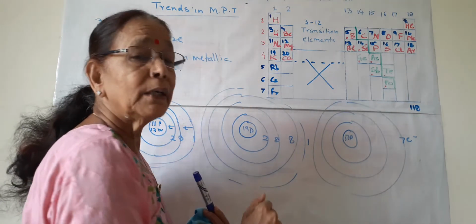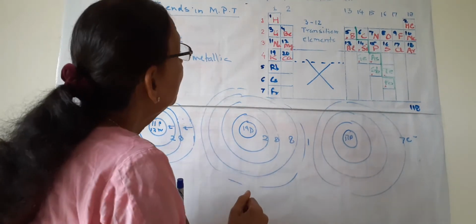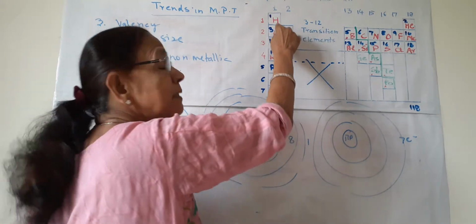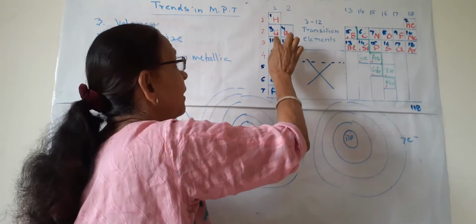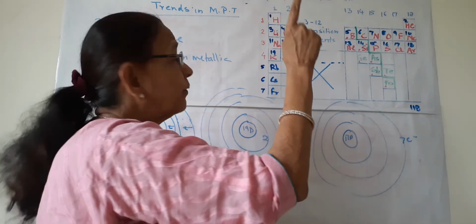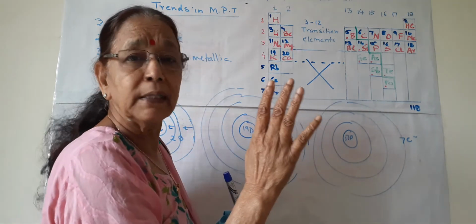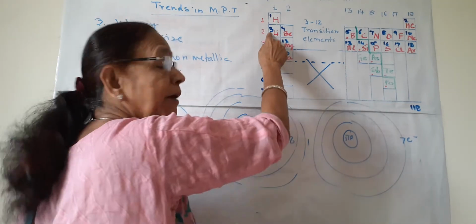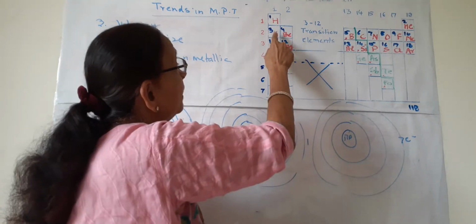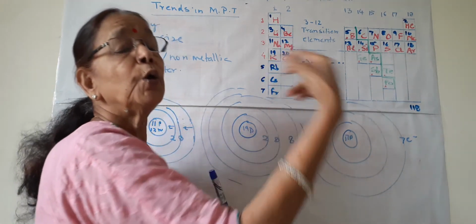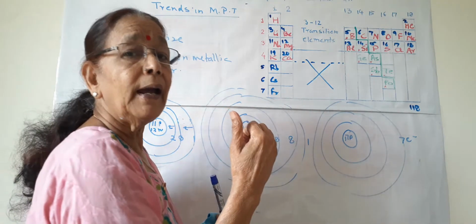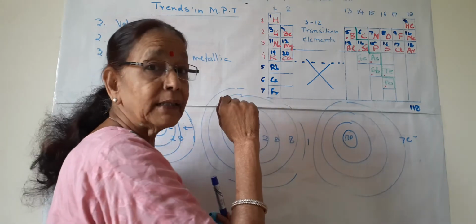Now coming to the group, we have seen this is only one, so leave this hydrogen. So lithium has only one electron, all have one electron in the outer shell, but lithium has two shells and this one has 7 shells. So it is easy for lithium to lose the electron. Only 2 shells are present and here 7 shells are there.